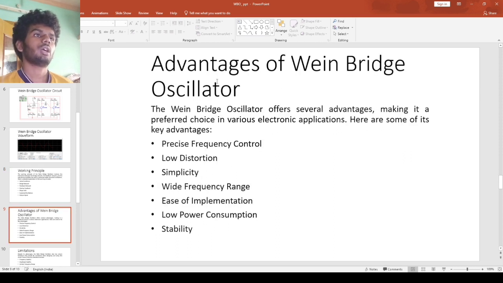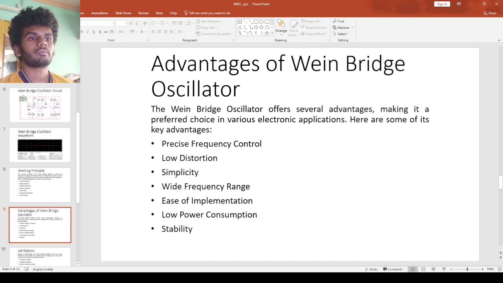Moving on to the next slide, advantages of Wien bridge oscillator. So, what are the advantages of a Wien bridge oscillator? It has precise frequency control, so we can accurately control the frequency. It has low distortion, meaning there is some distortion and disturbance in the frequency, but it's less.